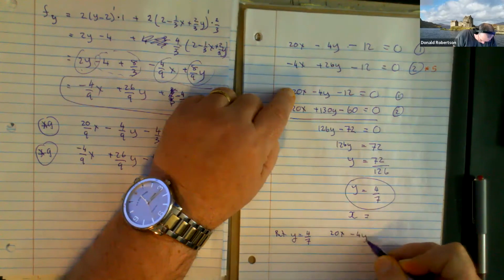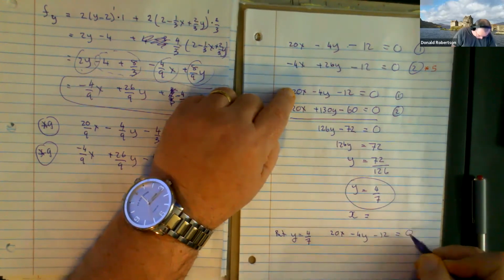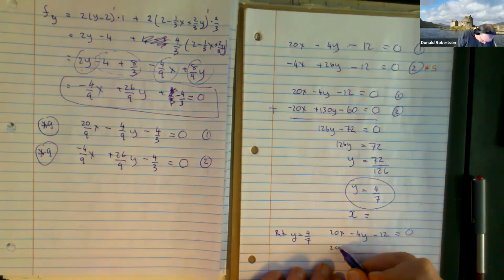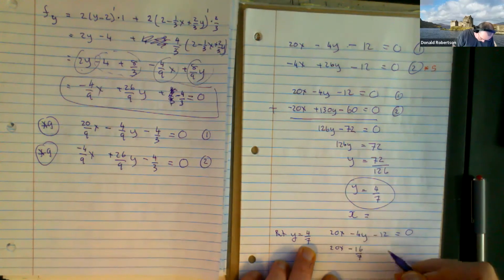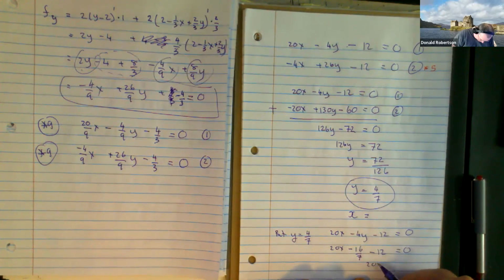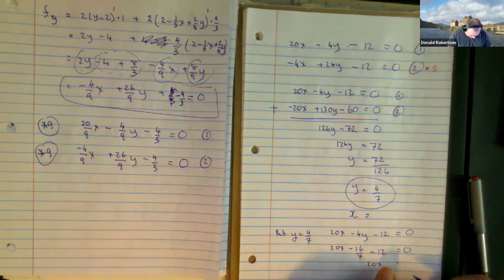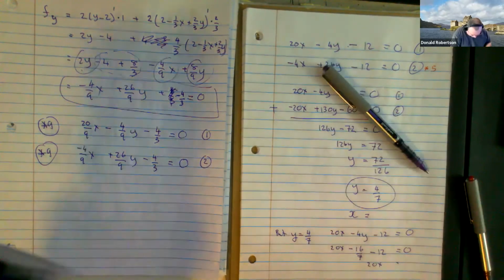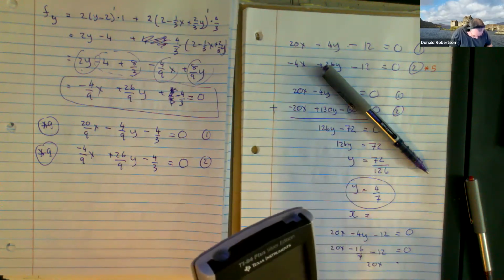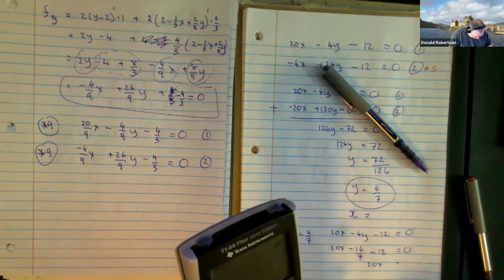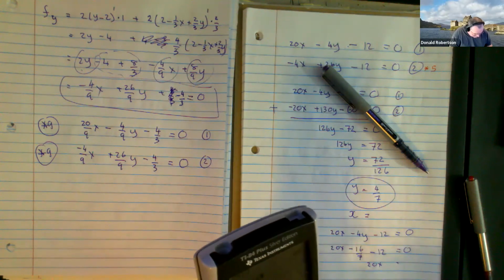20x, take away 4y, take away 12 is 0. So that becomes 20x minus 16/7, minus 12 equals 0. That makes 20x. Well, if you combine them and then push it over the other side, what do you get? Oh God in Himmel, why don't they have nice numbers? 84, add 16.